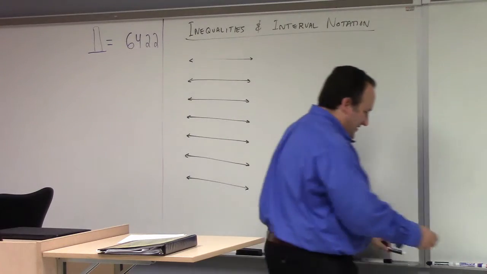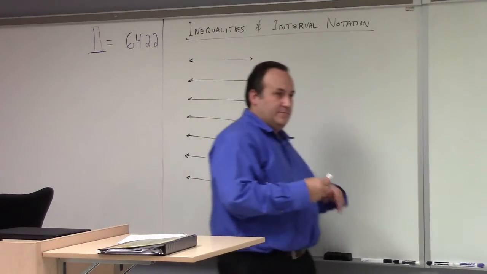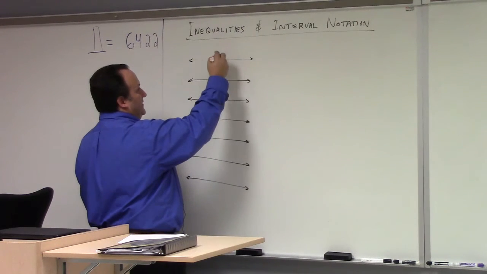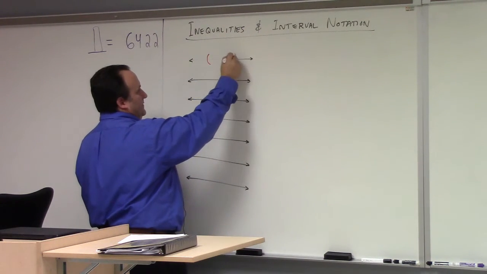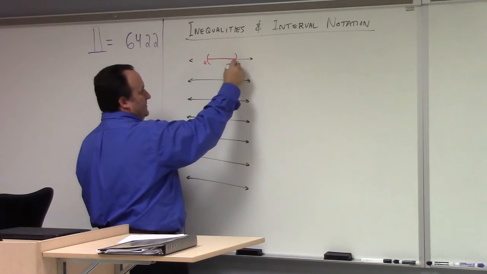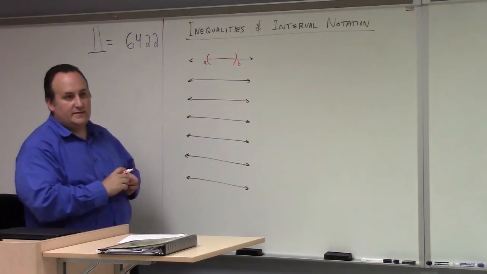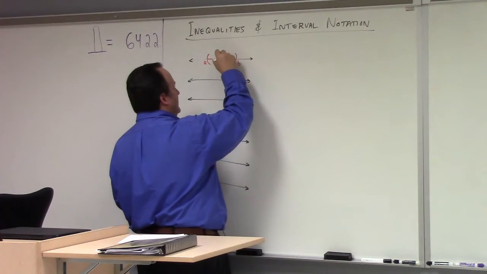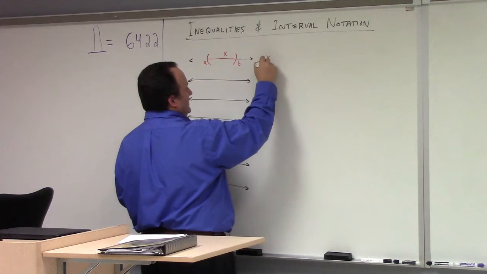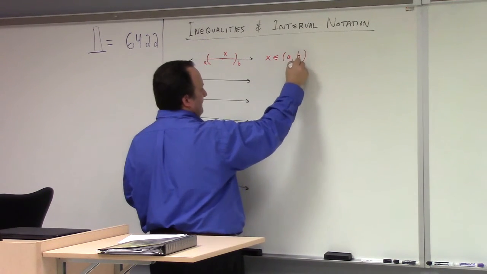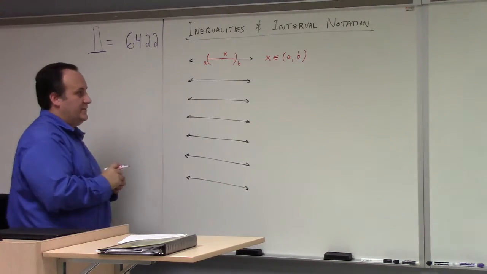All right. And so I'm going to make the interval I'm talking about red. So we could go with something like this. From A to B. That's what it would look like on the number line. The interval that corresponds to that, if this is a point x here, we could say x is an element of (A, B).